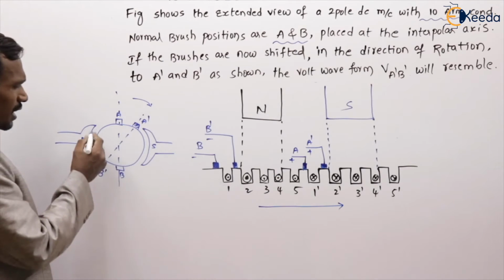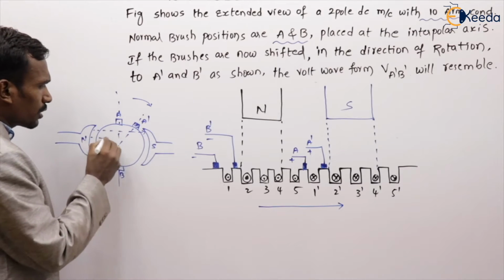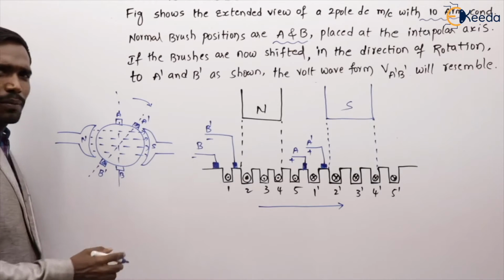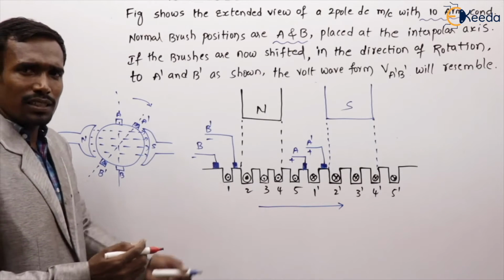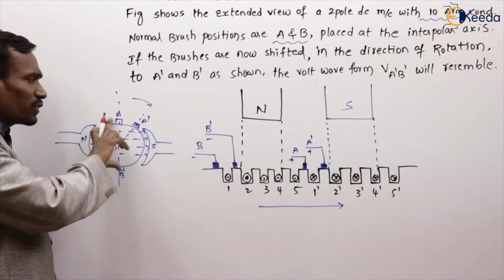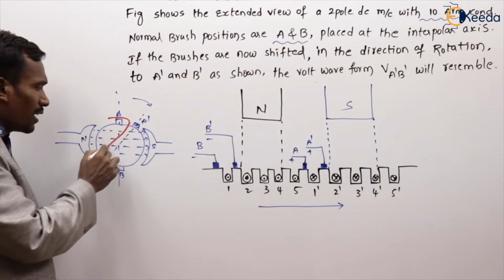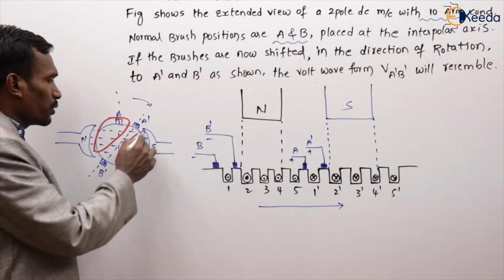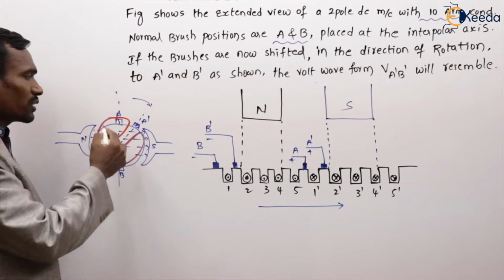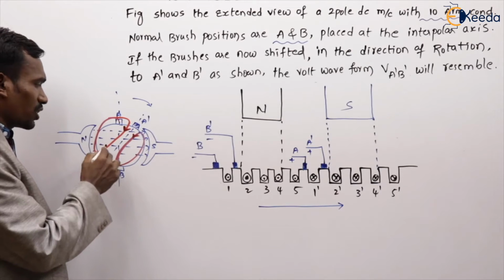Generally, the flux flows from the north pole to the south pole. This is the flux waveform in the machine. But since the brushes are shifted in this direction, the armature flux is produced in this direction.